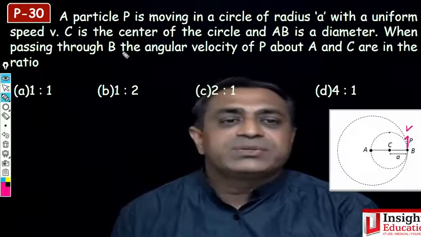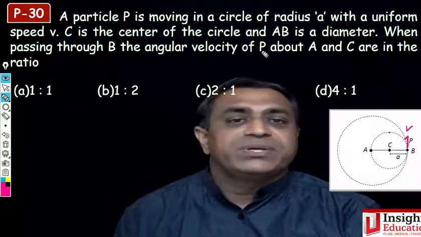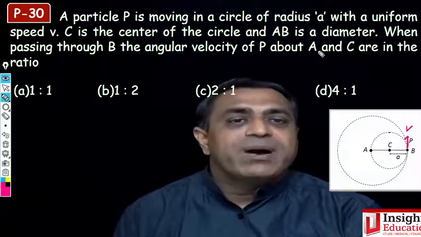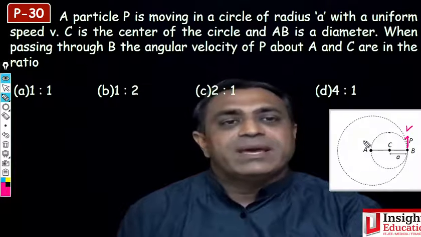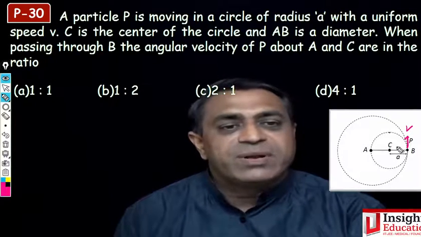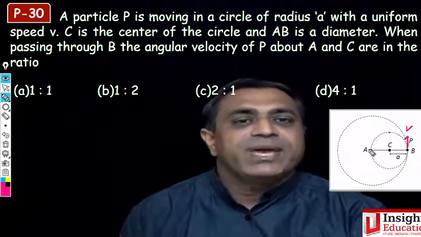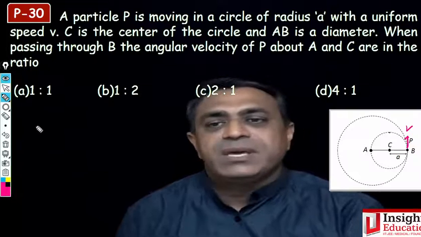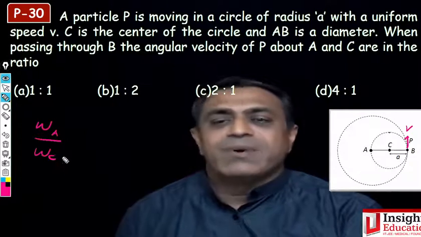When passing through B, the angular velocity of point P about A and about C are in what ratio? It means find the angular velocity with respect to C and the angular velocity with respect to A.